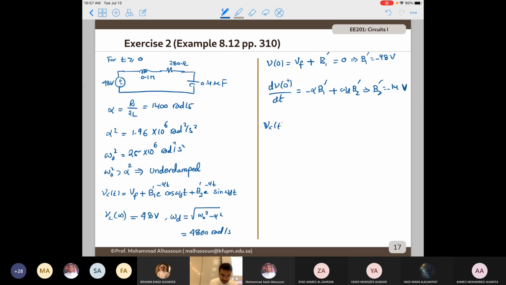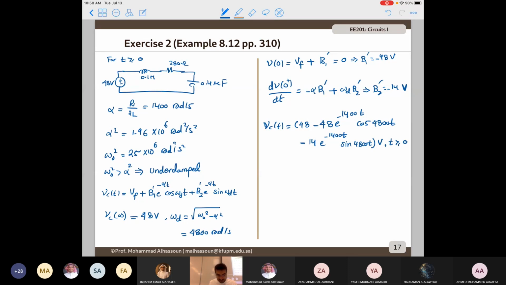So the voltage across the capacitor is going to be 48 minus 48 cosine 4800t minus 14, and this is true for t greater than 0.